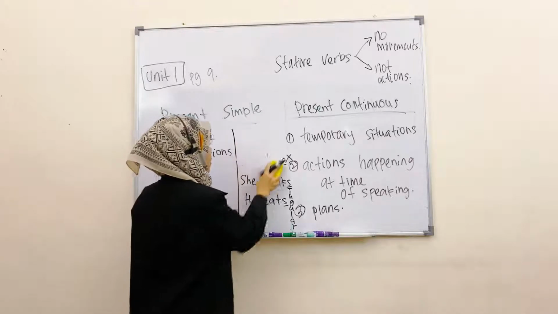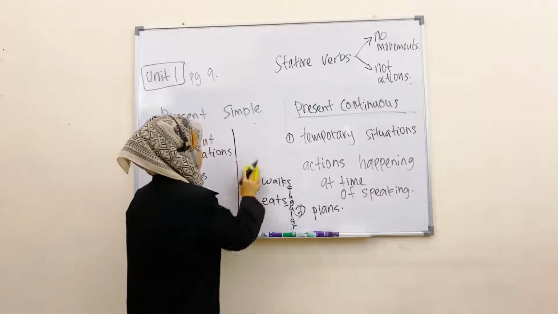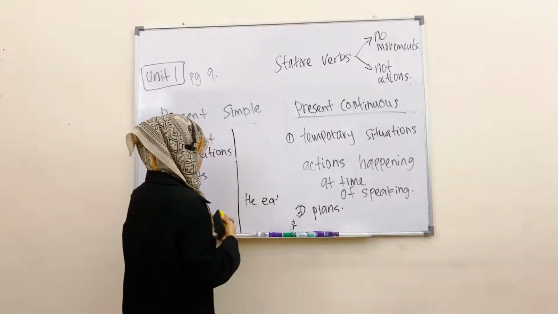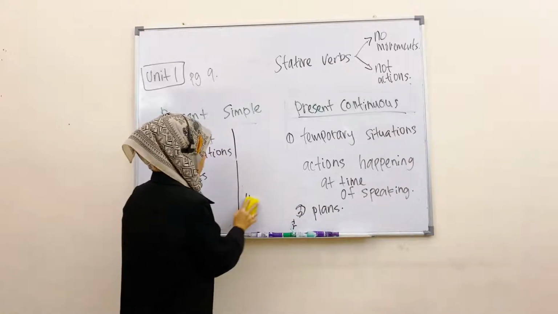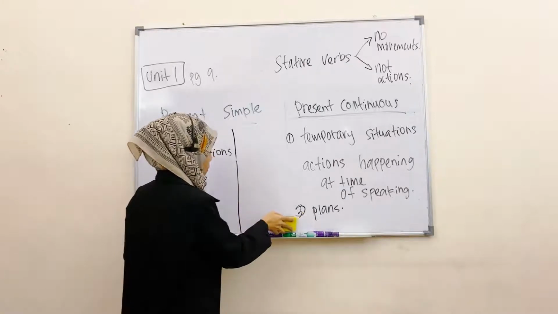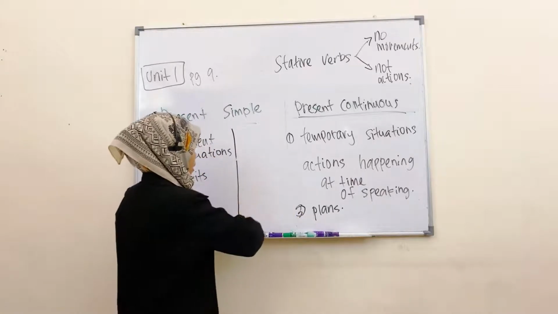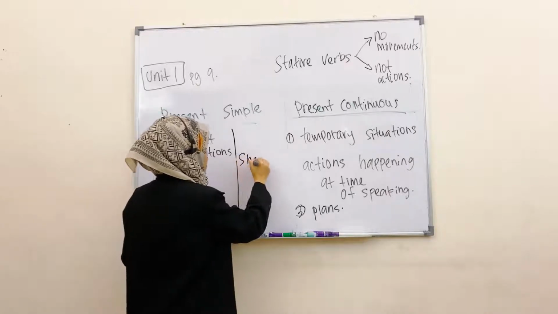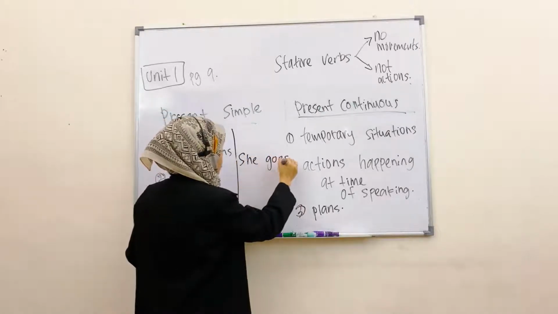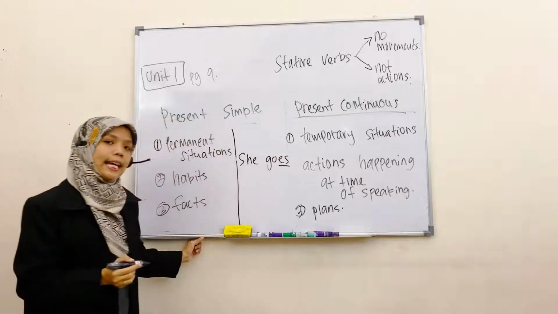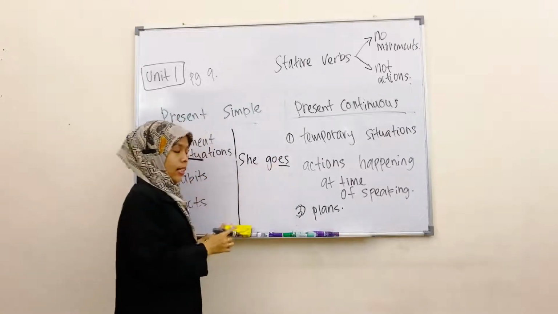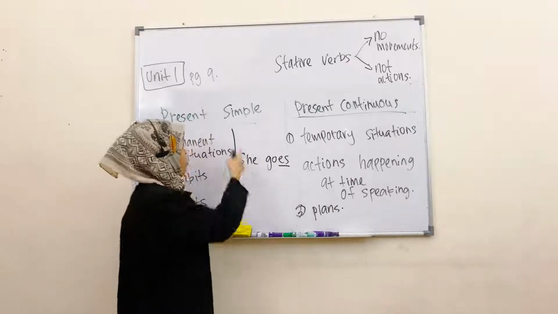I will erase it first. She goes. So this one you need to put ES. This is the second category, the formation for present simple.